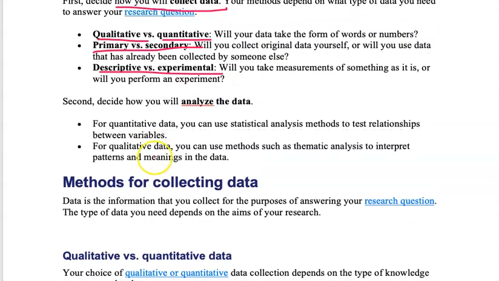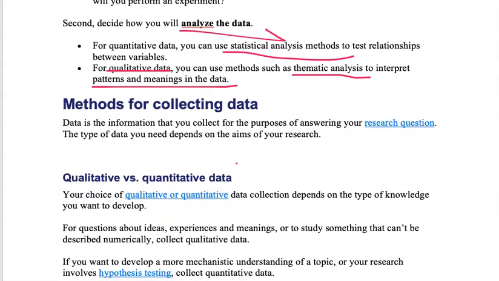Second, we have to decide how we want to analyze the data. For quantitative data, you can use statistical analysis methods to test relationships between variables. For qualitative data, we can use methods such as thematic analysis to interpret patterns and meaning of the data.